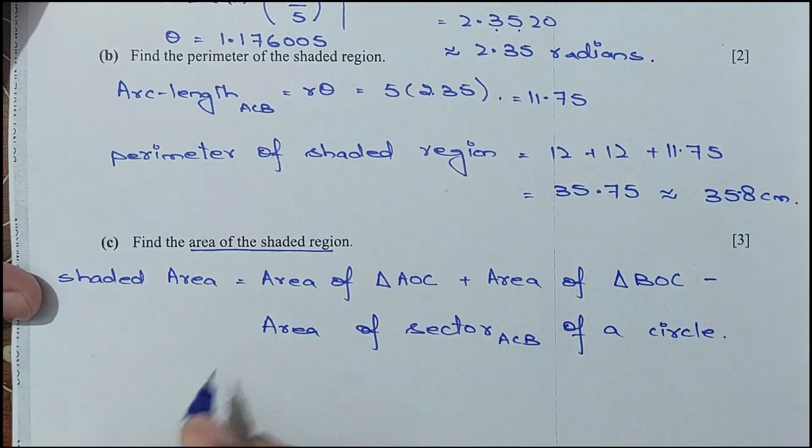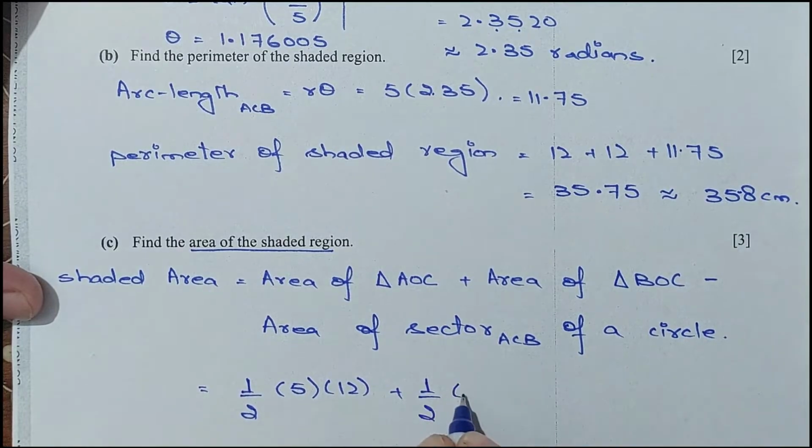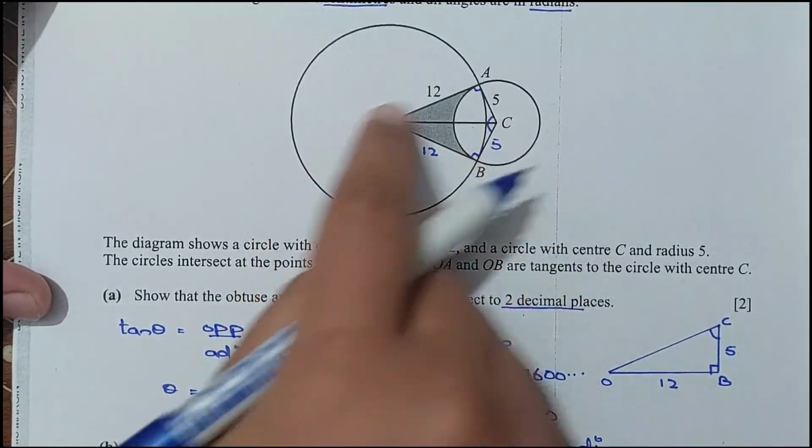Okay, so the area of a triangle is half base and height. Base is 5 and the height is 12, plus half, base is 12 and the height is 5. Sorry, it's 12 and 5 in both cases, base and height.